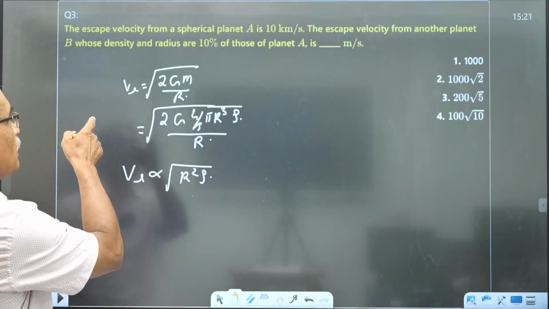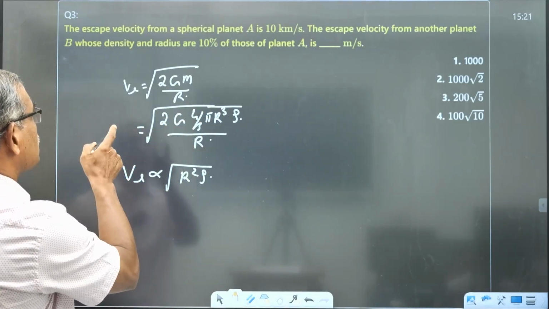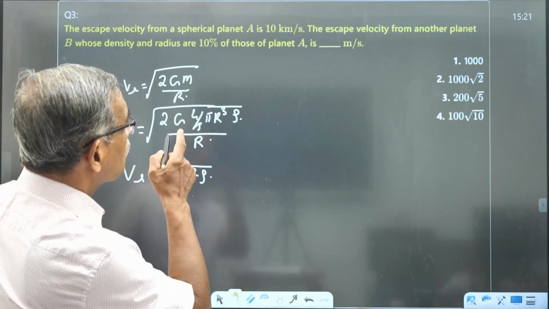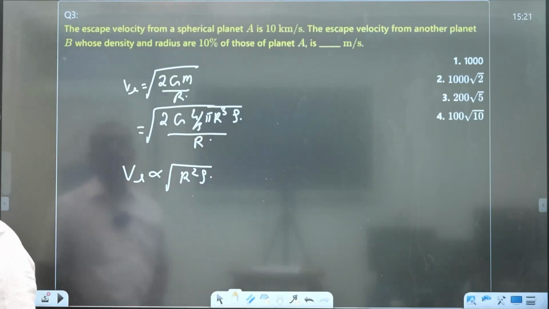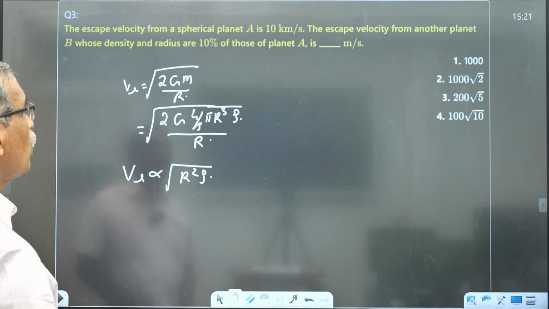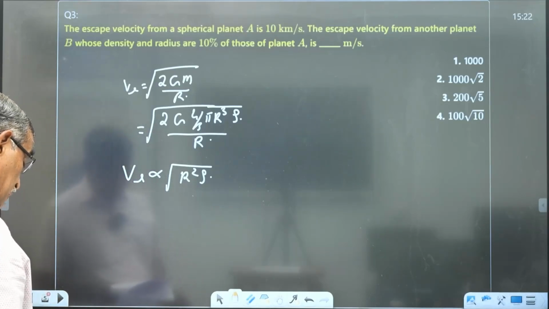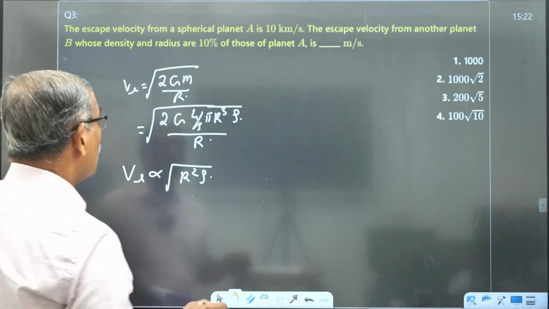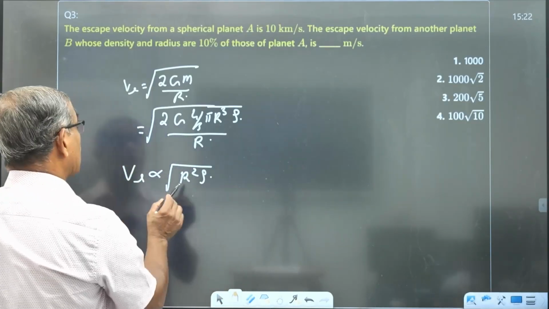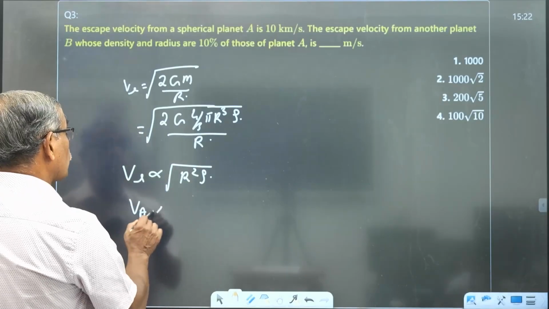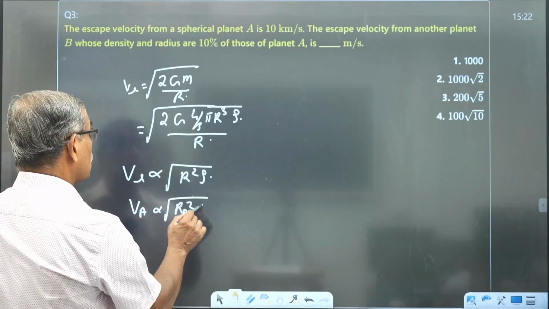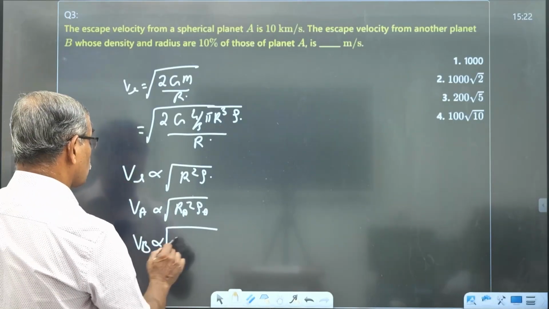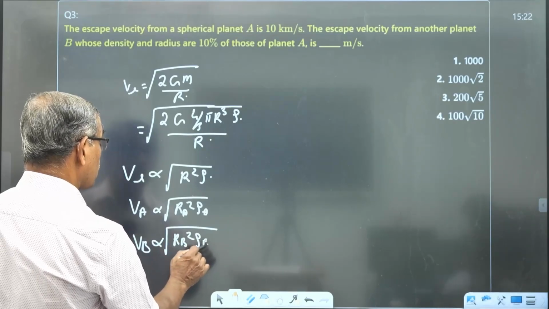In planet B, the radius and density are 10% of those of planet A. Escape velocity from another planet B, whose density and radius are 10% of those of planet A. 10% means R_B is R_A. We have V_escape for A proportional to root of R_A squared rho_A. Escape velocity for second planet B proportional to root of R_B squared rho_B.